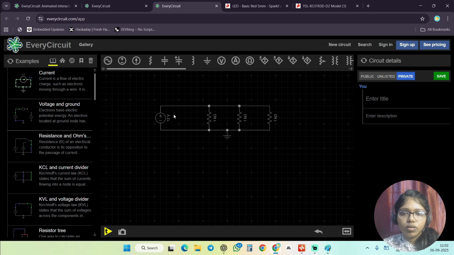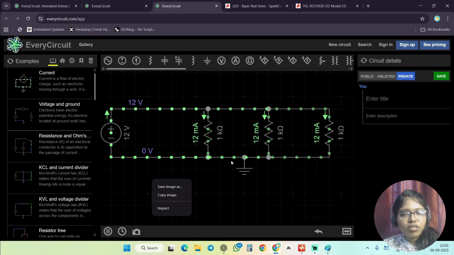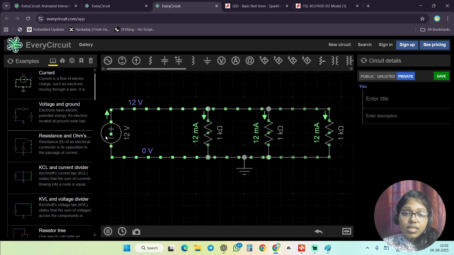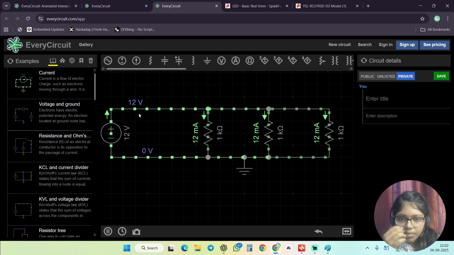I'm giving 12 volt, and here it is 1K, 1K, 1K. I'm maintaining the same resistance. Let me run this one. Because I gave a parallel connection, you can see the voltage just remains the same.